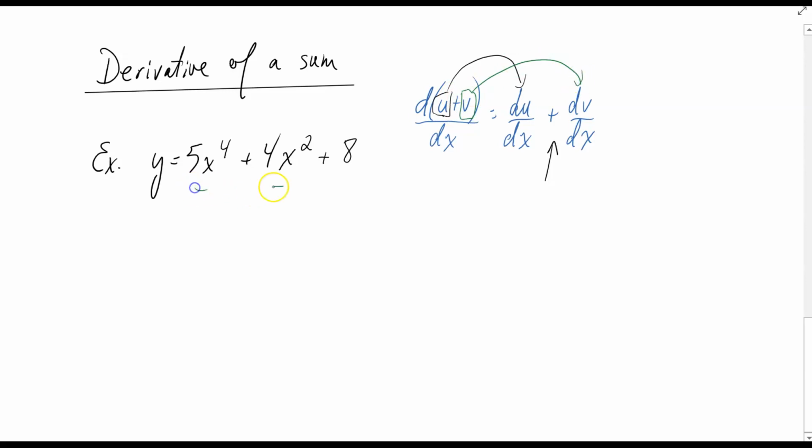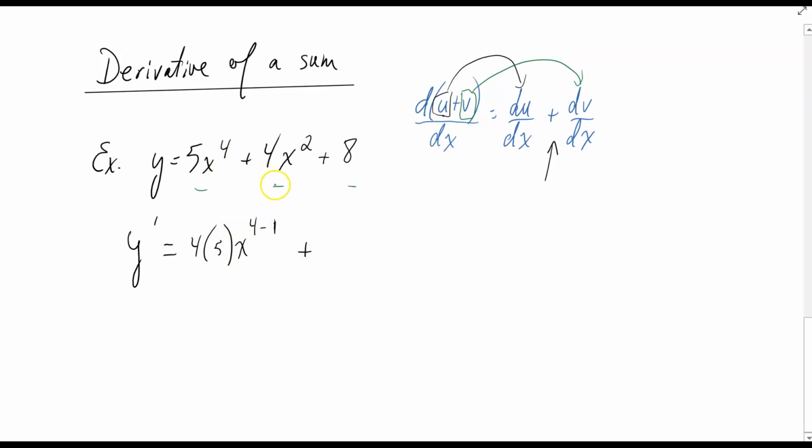So my example actually has 3 terms, and it will just be the sum of those derivatives. So y prime, let's do the first one. 4 gets multiplied by 5, x, and the exponent is reduced by 1. We'll write out all the details for this line.